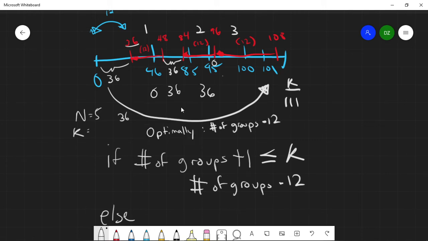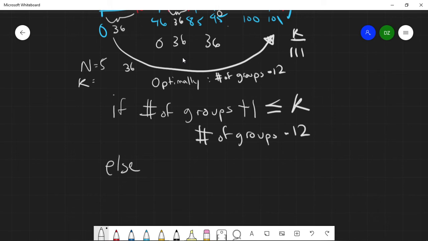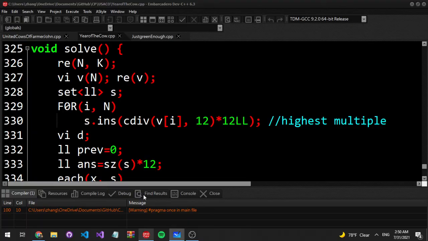Else, we would just find the difference between these. We would loop through this array, and for every index that's between number of groups, I think it would be -1, if I'm correct.